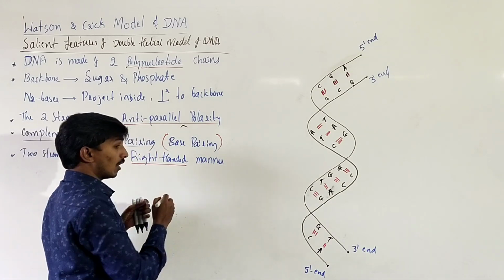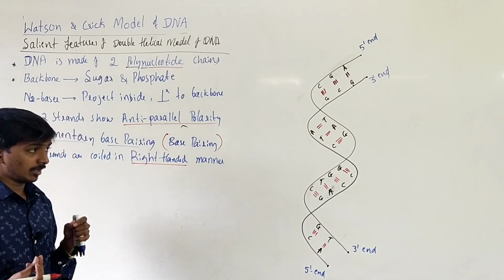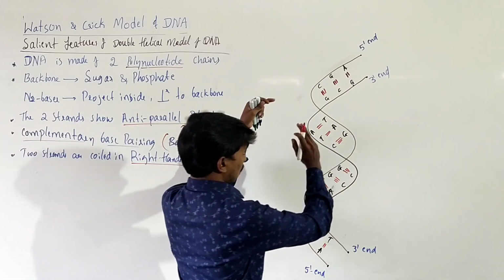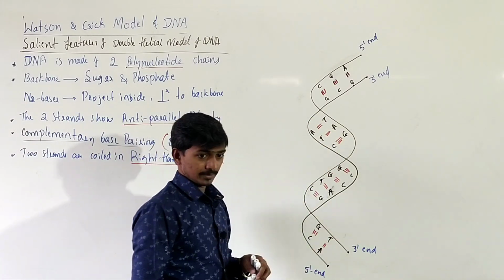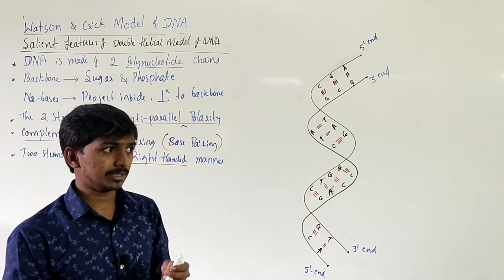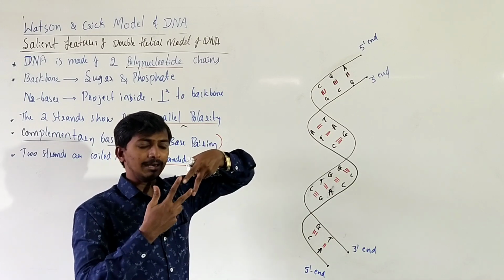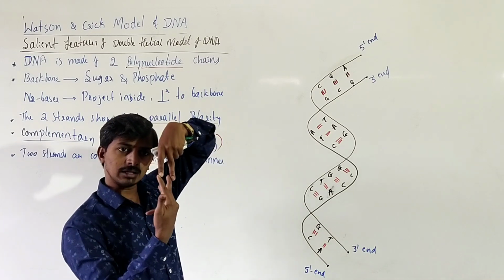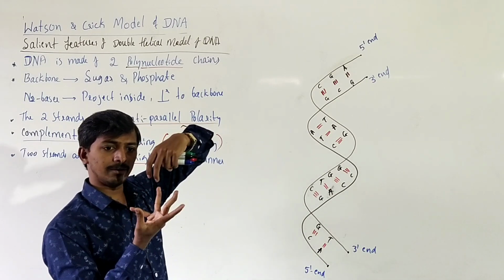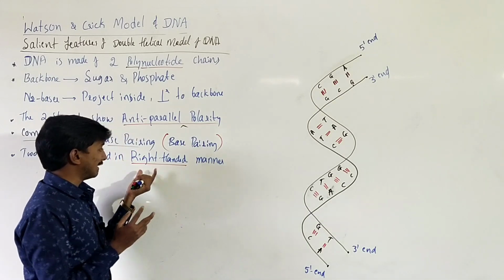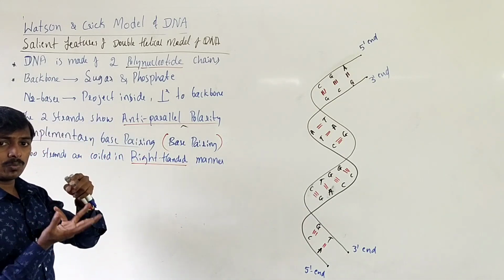Right-handed, or clockwise. Right means they are coiling in this manner. For example, if I have paper or a ladder, I will coil it in a clockwise manner, a right-handed manner. So that is called right-handed manner or clockwise manner.